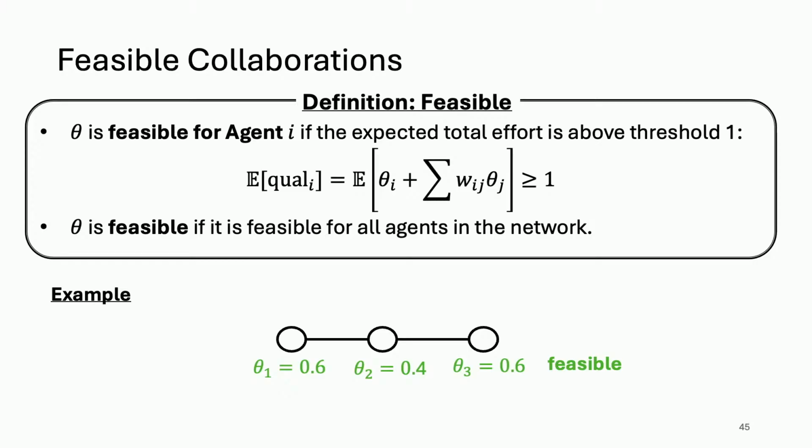Then this solution 0.6, 0.4, 0.6 is feasible because everyone can have their quality greater than 1. But if theta 2 is 0, then this is infeasible because for agent 1 and agent 3 the expected quality is 0.6, so it's below 1 now.